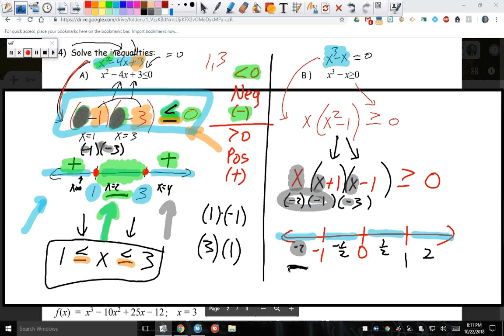Okay, so now if we try negative 1/2. I'm going to get a negative 1/2. Negative 1/2 plus 1 is a positive 1/2. Negative half minus 1 is a negative 3/2, or negative 1 and a half. So I have now a negative, so let me highlight this in green so you can see it better. A negative times a positive times a negative.